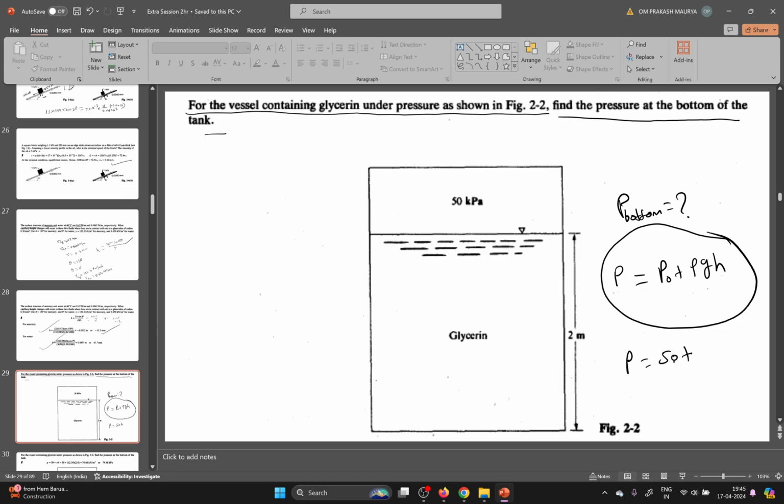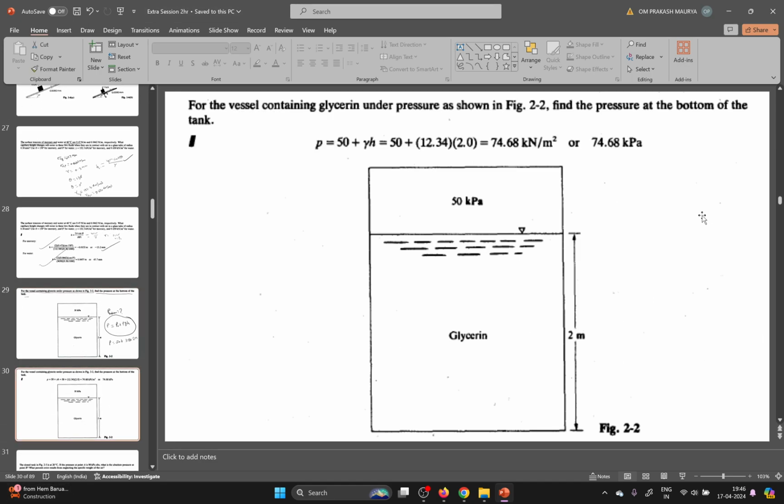So what you will do? Actually, this is the standard value you can use for glycerin rho. And what is the g? g you already know is 9.81, and h is given as 2 meter, and you can use any standard value of the glycerin. In this solution, what is the standard value used?